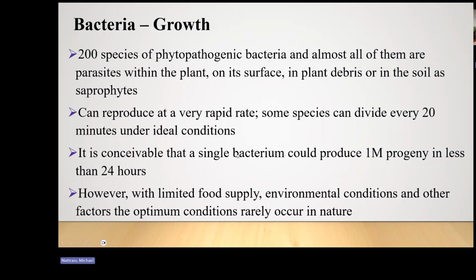So if you get a bacterial infestation, you really need to get at it very quickly. Unfortunately, if you think back to the blockage part a couple of slides ago, once you have that blockage, it's very difficult to get the treatment into the plant and also overcome and kill those bacteria.